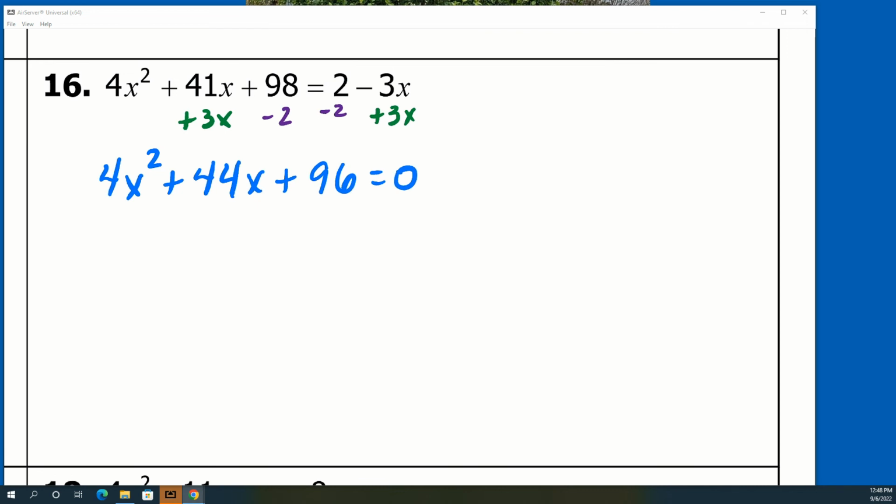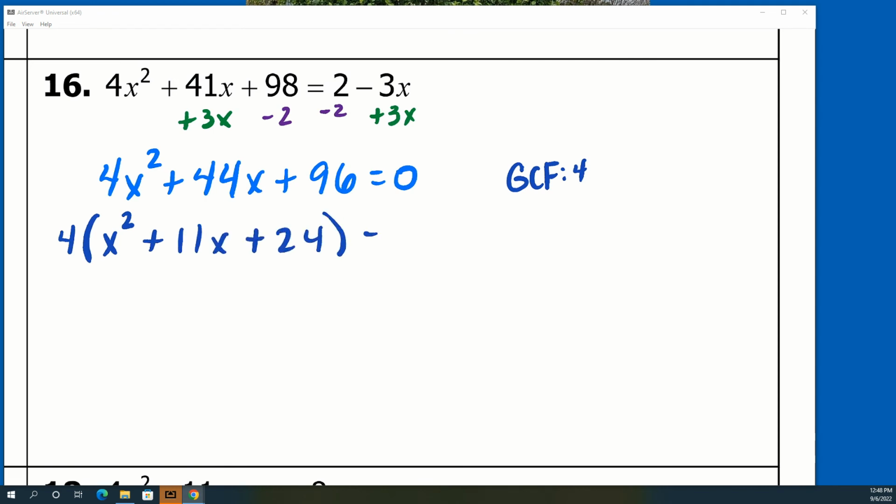Okay. Now this one does have a greatest common factor of 4. So I'm going to factor that out and divide each of these by it. And then I can factor normally.